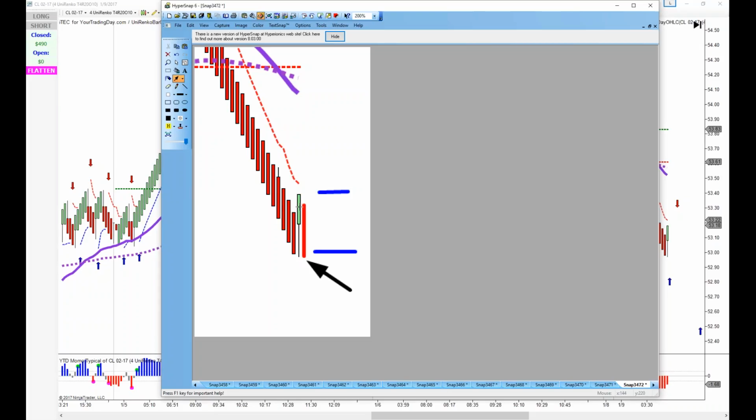So one bar of the opposite color, and then it goes back into the direction it was going in. We call that a continuation trade. We sell it. This is called a continuation trade. One bar of a different color, and then it continues on, turns red again. Then we sell. We get back into the trade.